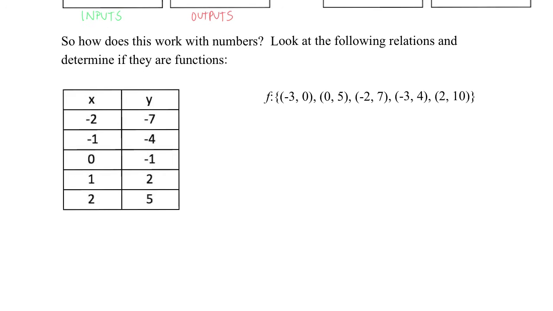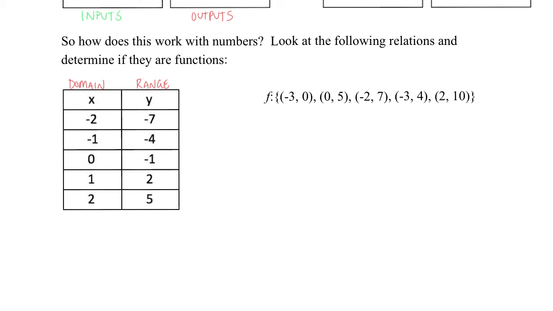On the first example here, on the left-hand side, I have a table of values. So first of all, let's make sure that we're keeping up with our vocabulary. This is going to be our domain, which is our inputs. This is going to be our range, which is our outputs. Now look at your domain values.